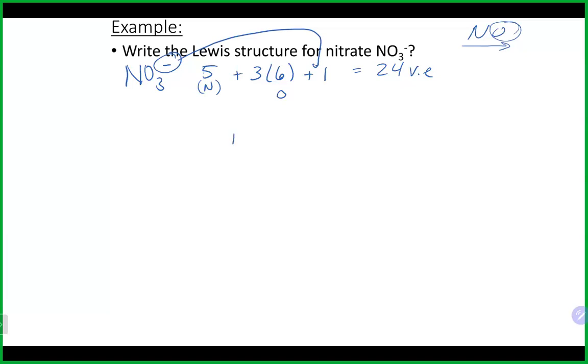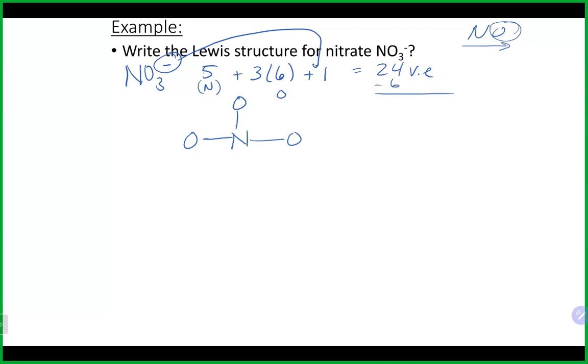So we're going to rearrange this here. I'm just going to put my oxygens around it. And just like in the first one, it doesn't matter if you put the oxygen on top or bottom there in the middle. We're going to do our single bond to everybody. So a bond there, a bond there, a bond there. That is 2, 4, 6 electrons that I used.